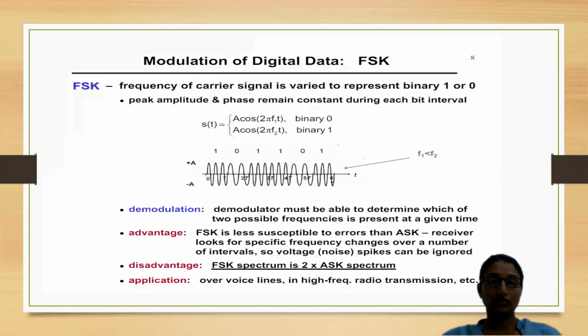In some cases, you can also represent it as 2 pi fl t for binary 0 and 2 pi fh t for binary 1. In some textbooks, you can find fl and fh, or you can also represent them as f1 and f2. The same thing we have discussed here always. See here, f1 represents binary 0. Its frequency is always lower than the higher frequency, which represents binary 1.